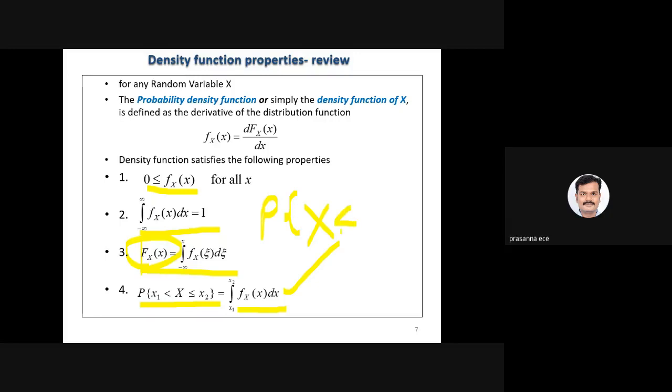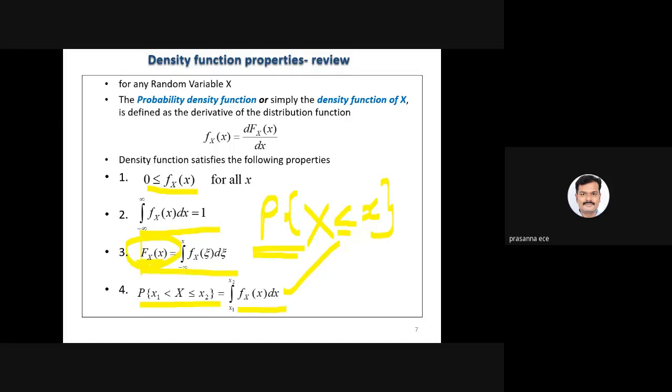Whenever we need the probability of the random variable being less than or equal to some particular x, we can directly evaluate Fx of x, the distribution function. We'll see in the next slide how this distribution function is evaluated.